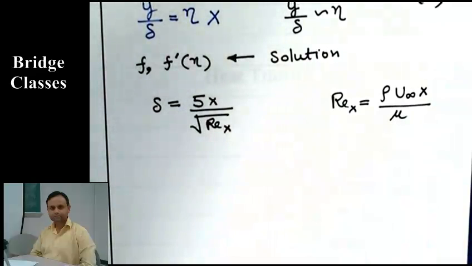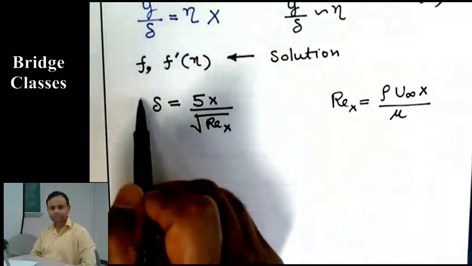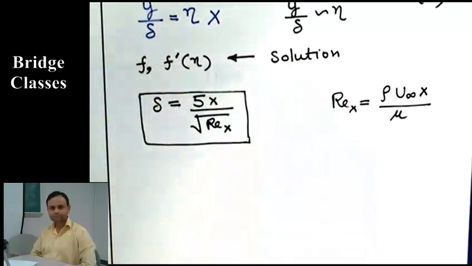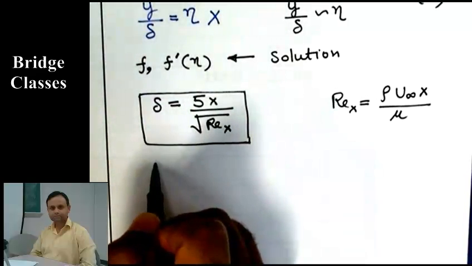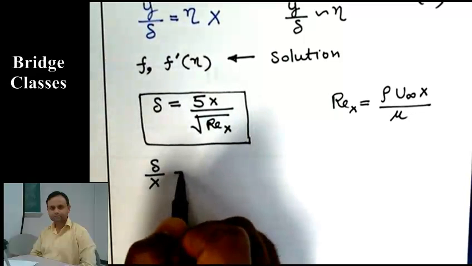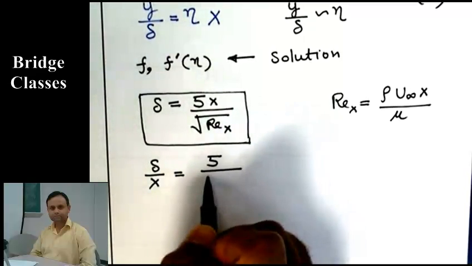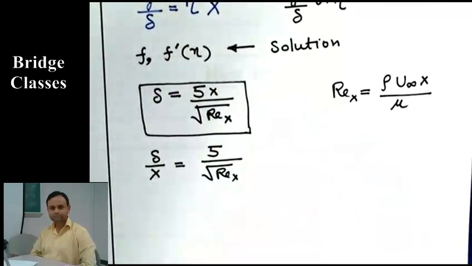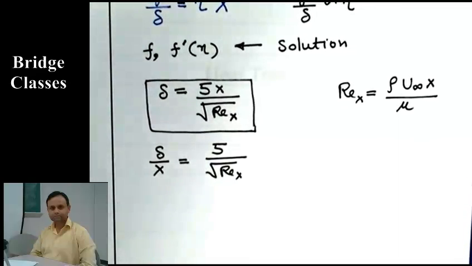Now see this equation, it's applicable for a flat plate. We are talking about a flat plate and laminar flow. So let me write it as delta over x equals 5 over the square root of Reynolds number x. Let us examine this a little bit.